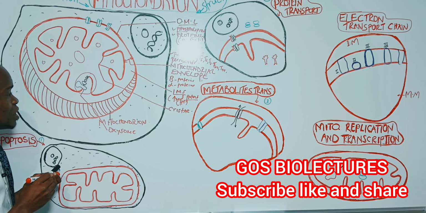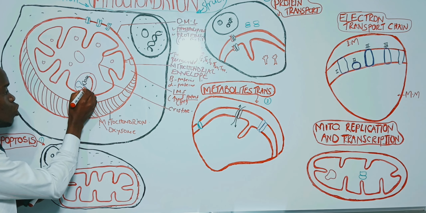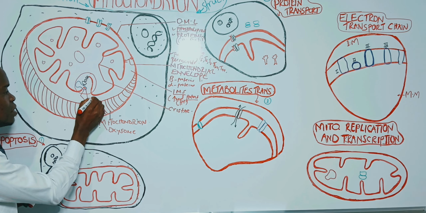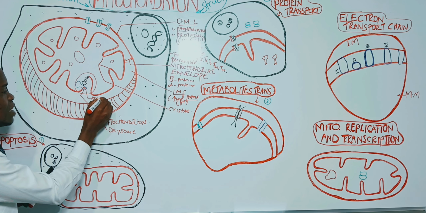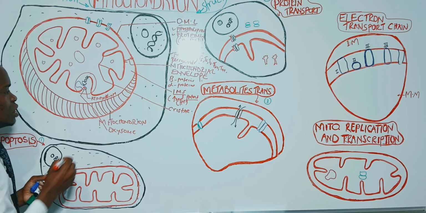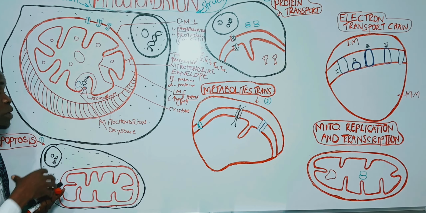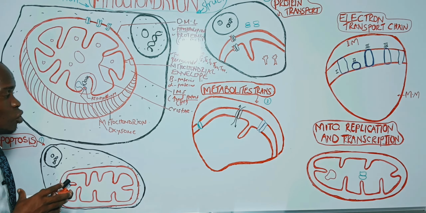Now on this oxysome there is an enzyme called ATP synthase. Where is the ATP synthase enzyme located? On the bulbous end of the cristae, on the oxysome.